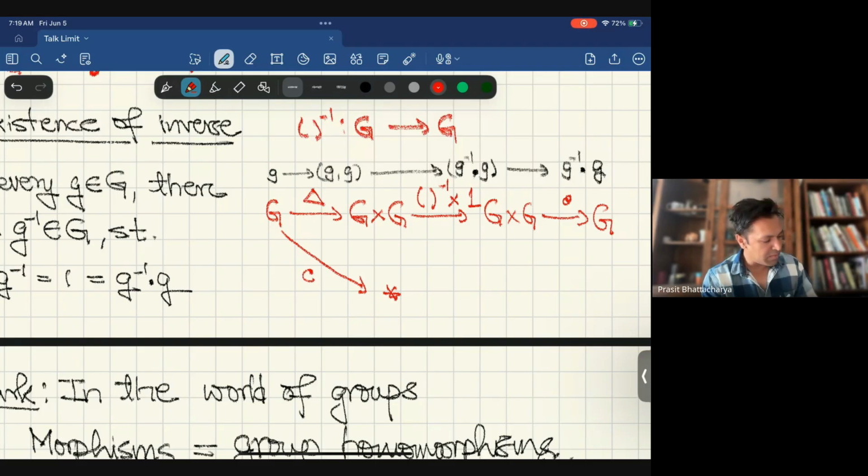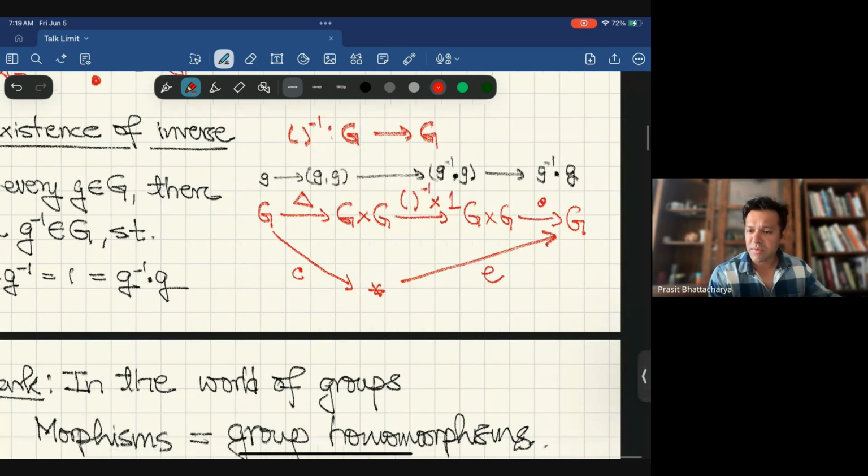So send all the elements of group G to a point, and then you use the unit map. So that's here. So it factors through this point, or factors through the unit map, and that's your existence of inverse diagram. Any questions so far?